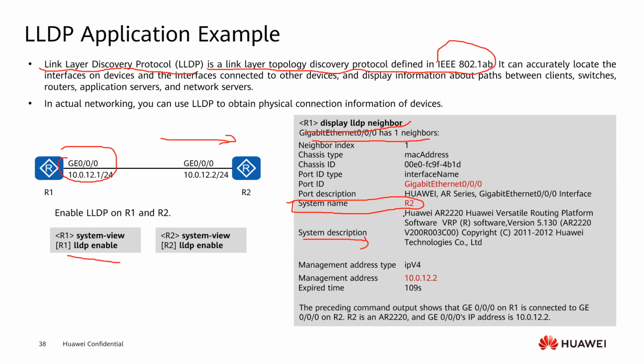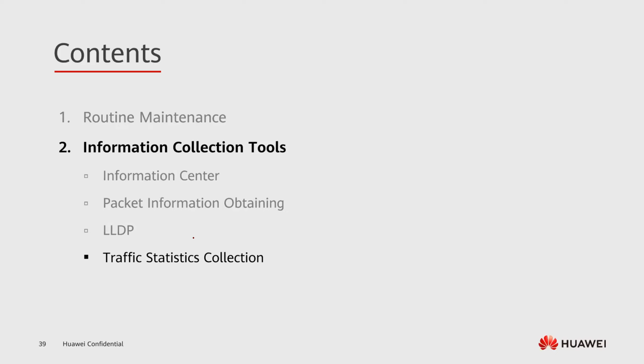We can see it contains Huawei AR and the VRP software and the version, and the peer interface port ID, and peer management IP address. Okay, this is LLDP.